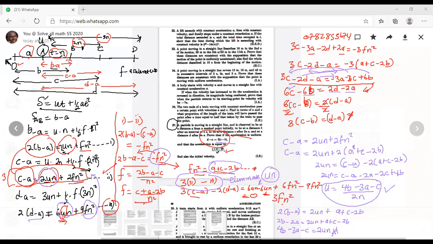Okay, the question is saying prove d minus a is equal to that. The proof is here. And that the acceleration is equal to, they're also asking you to prove that the acceleration is that one. It is this one here. Find also the initial velocity. It is this one.